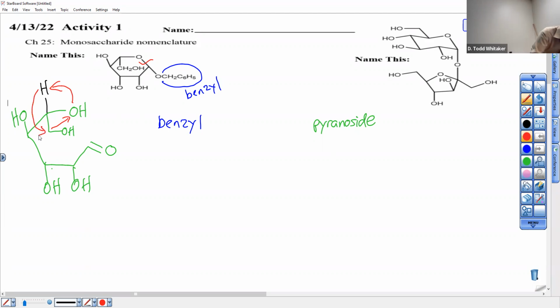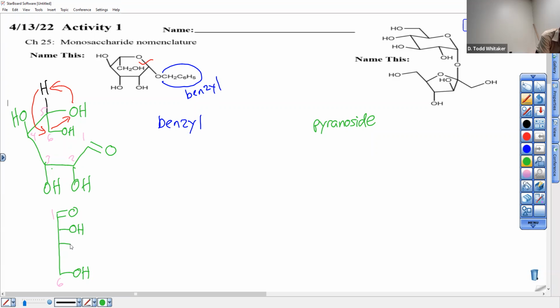Okay. What does he mean by L sugar? I'll show you. There's your aldehyde on the top. That's carbon number 1. 1, 2, 3, 4, 5, 6. OH, and on carbon 2, down right.